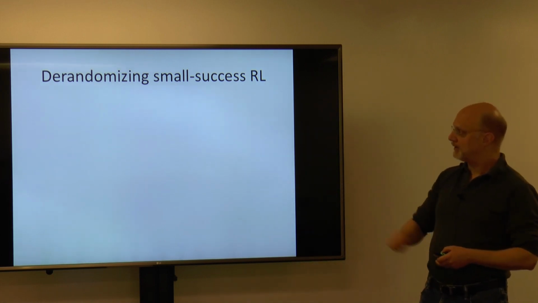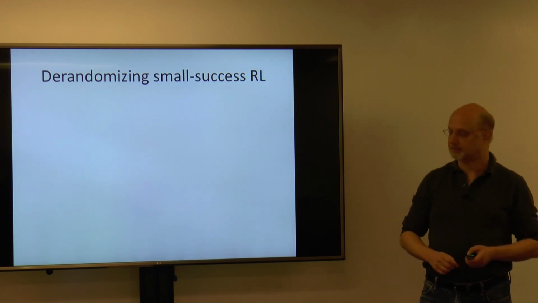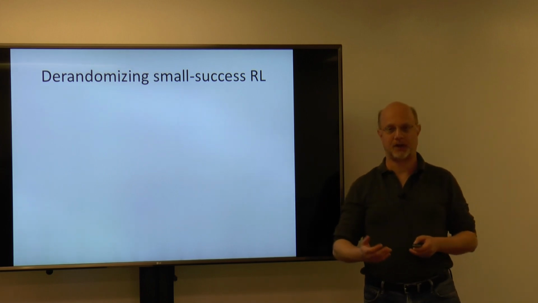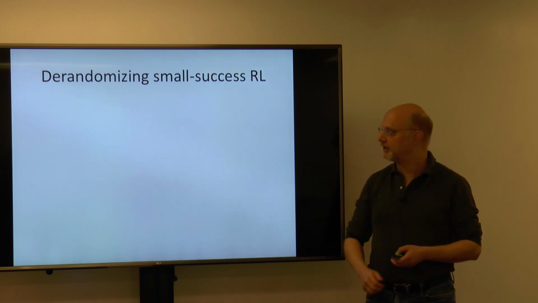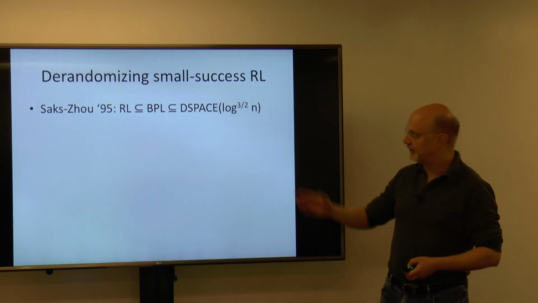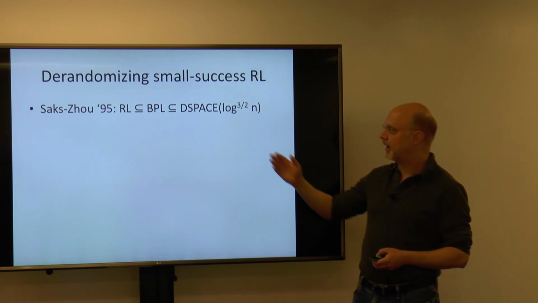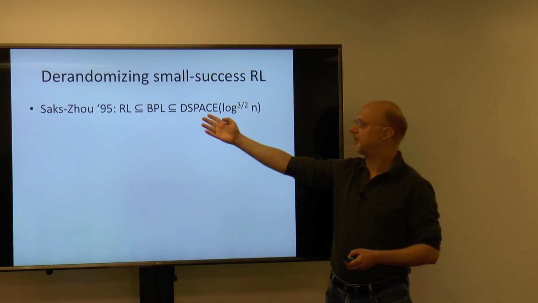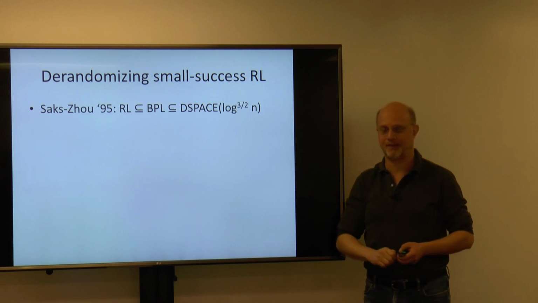Okay. So let me tell you about de-randomizing small success RL. Of course, hitting set generators and pseudorandom generators are key tools to de-randomizing randomized algorithms, but there are actually some more clever de-randomizations. In fact, a famous one, Saks and Zhou, showed that RL, in fact BPL, is contained in deterministic space log^{3/2} n.